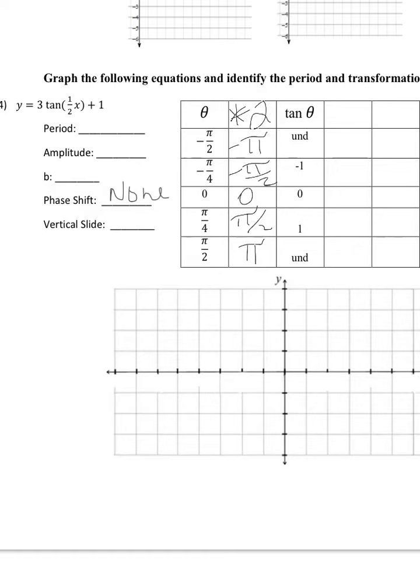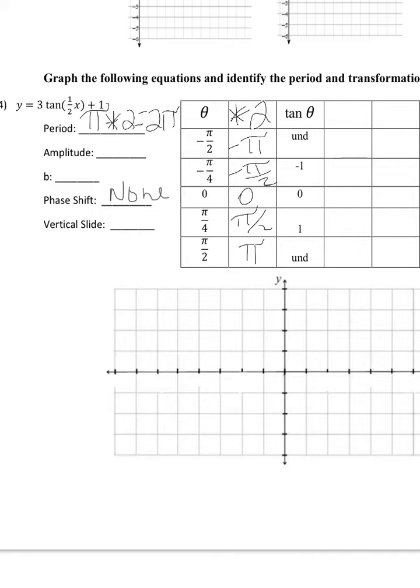So you can tell now what the period is for the new graph by counting how long it takes to get from one end to the other. So if we know that the period for tangent is pi, and we had to multiply that times 2, well, then we know that our new period is going to be 2 pi.